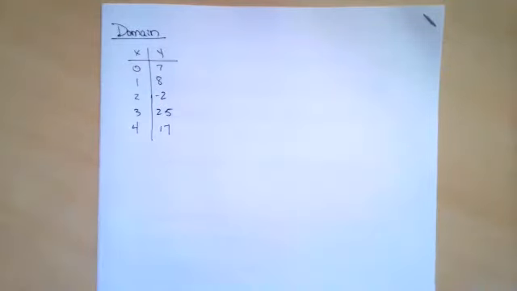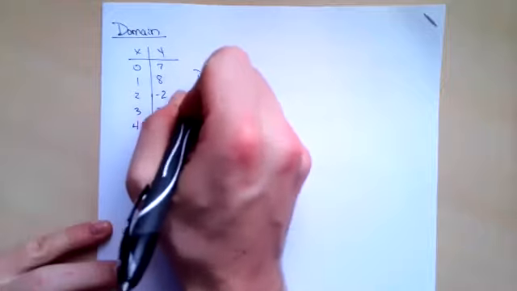If we have a relationship given in a table, such that the table defines a function, x values are only listed once, automatically a function, then the domain is pretty easy.